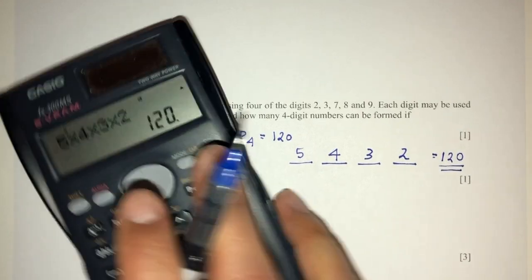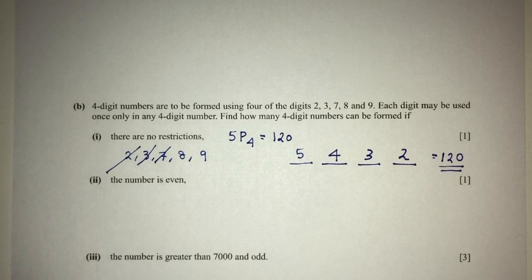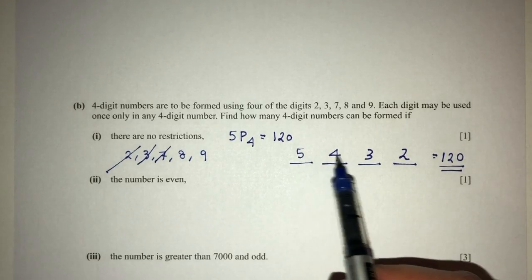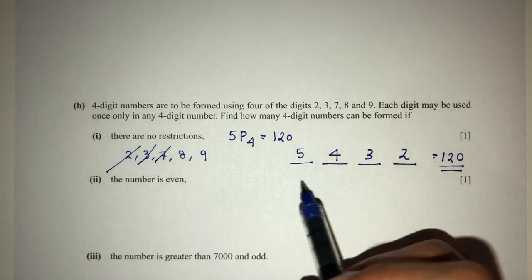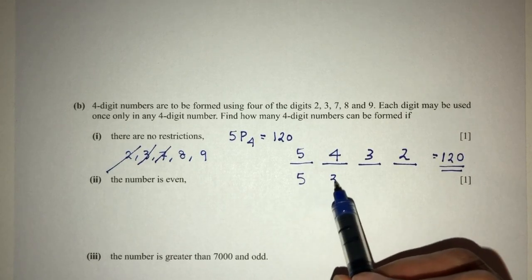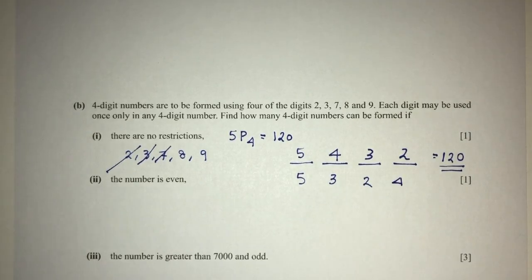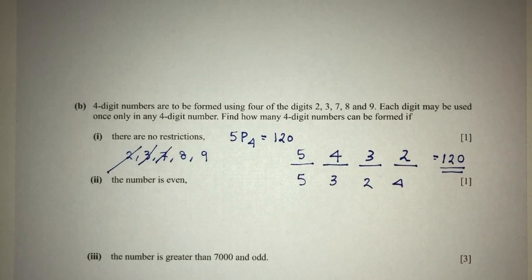Now, the only difference between combinations and permutations is the order. In permutation, the order matters, but in combination, we don't really care about the order. For example, if I write 5, 4, 3, 2, it is one number, but what if I write 5, 3, 2, 4? You will say, hey, this is a different number, so it does matter.